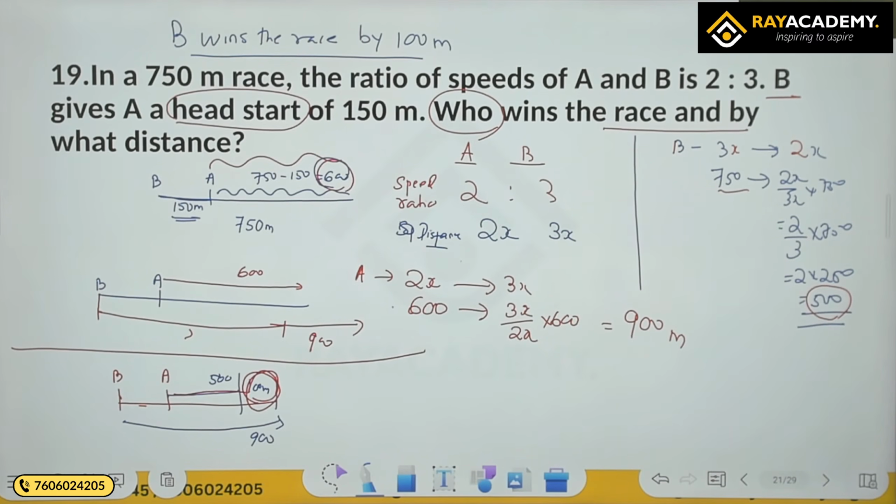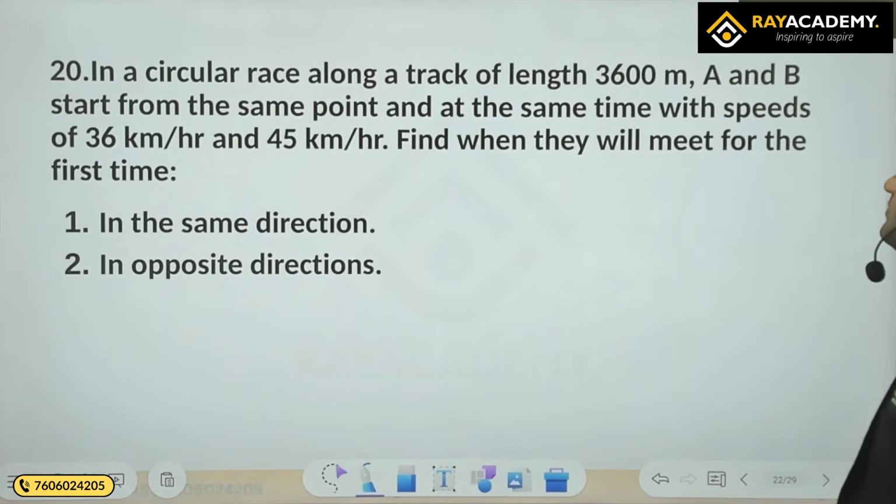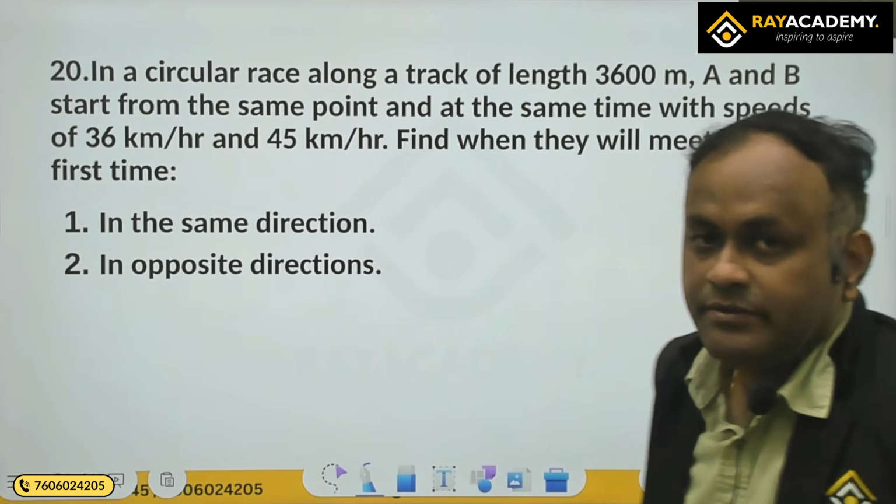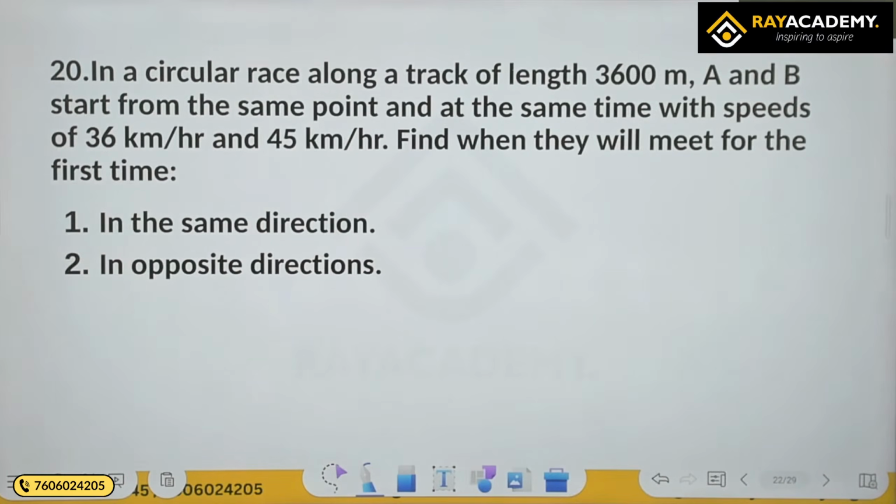Okay, let's do one more question. This is a circular motion question. In a circular race along a track of length 3600 meter, a and b start from the same point and at the same time with speeds of 36 and 45 km per hour.